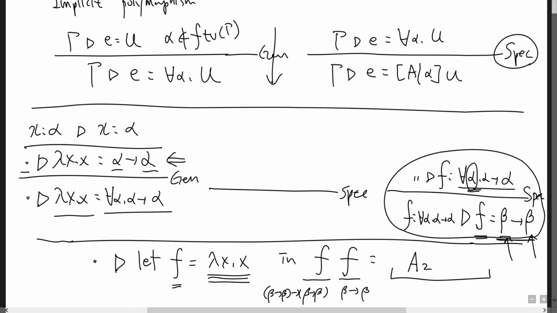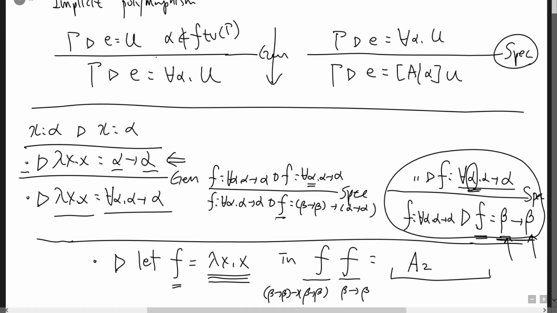So under the same typing context, we specialize. So this is a polytype, and f has this polytype, and we specialize this alpha this time to beta arrow beta.